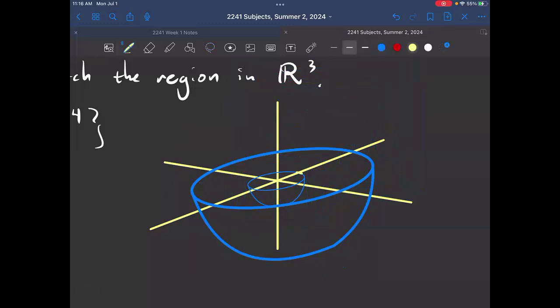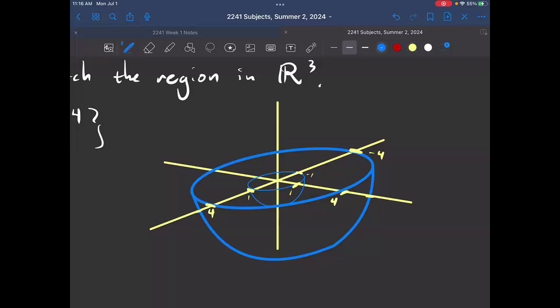So here's -1, 1, 1. And then out here, we're going to have -4, 4, and 4. Let me fill that in a little bit. Okay, that looks slightly better.